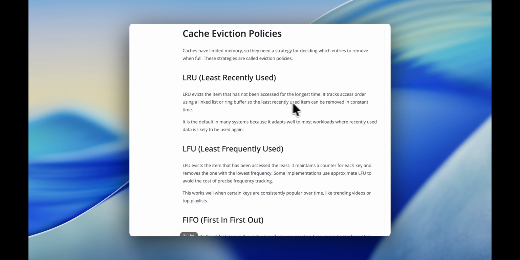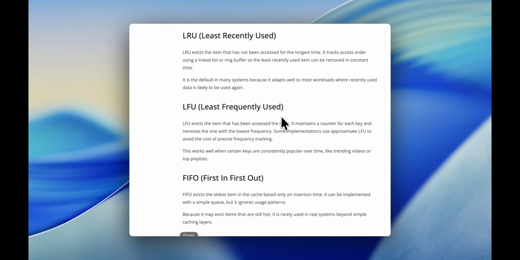This means that an item which is not accessed for the longest time can be removed, in constant time with a linked list. In least frequently used, we maintain a counter for each key, and the item with the lowest frequency is evicted from the cache.